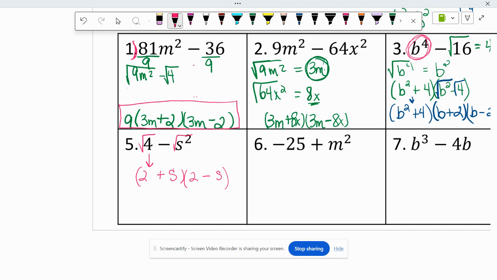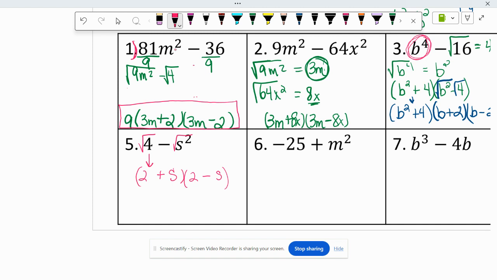Number 6, Ashton. Is that the difference of two squares? Is there a plus in there or is there a subtraction sign? But tell me about your leading term. It's negative. So what does that mean?